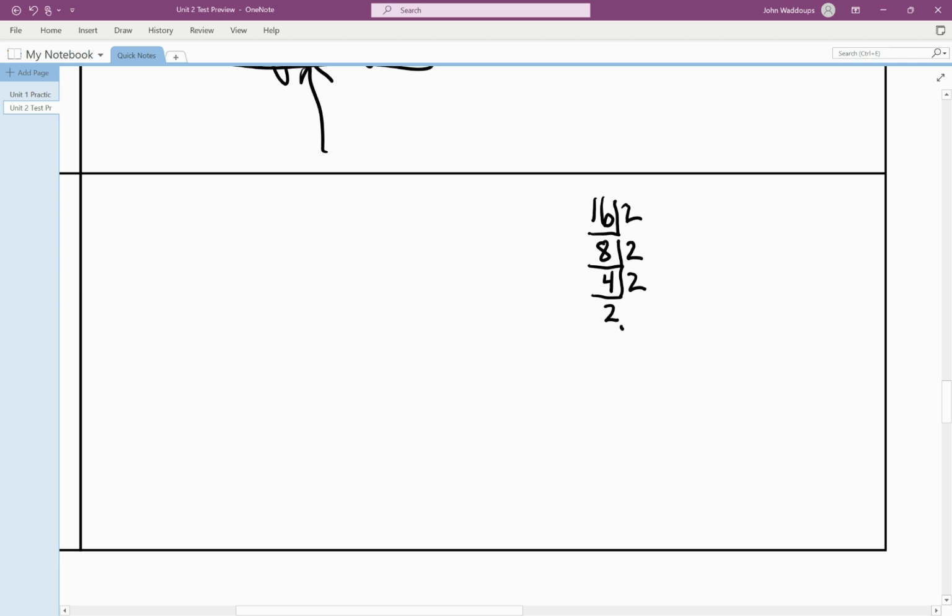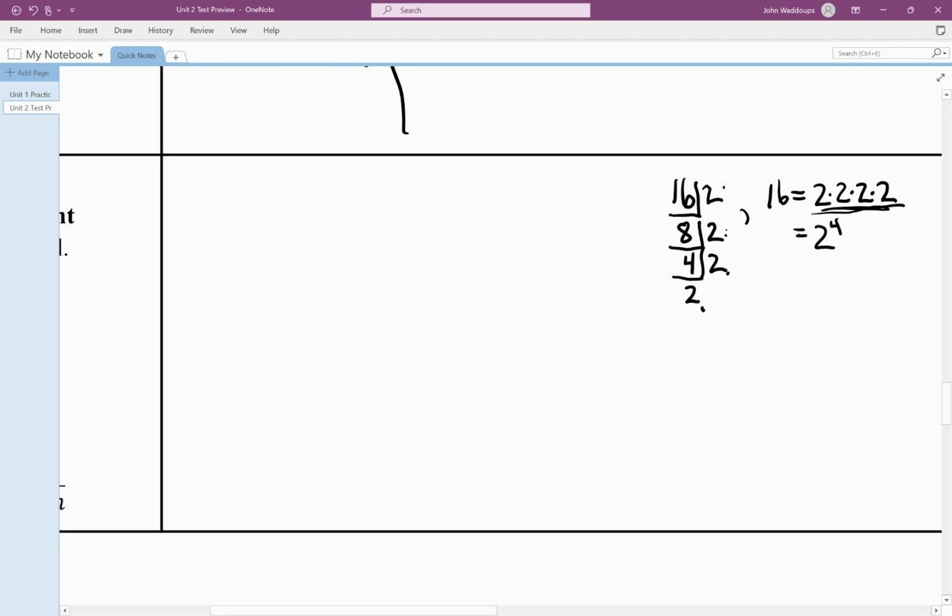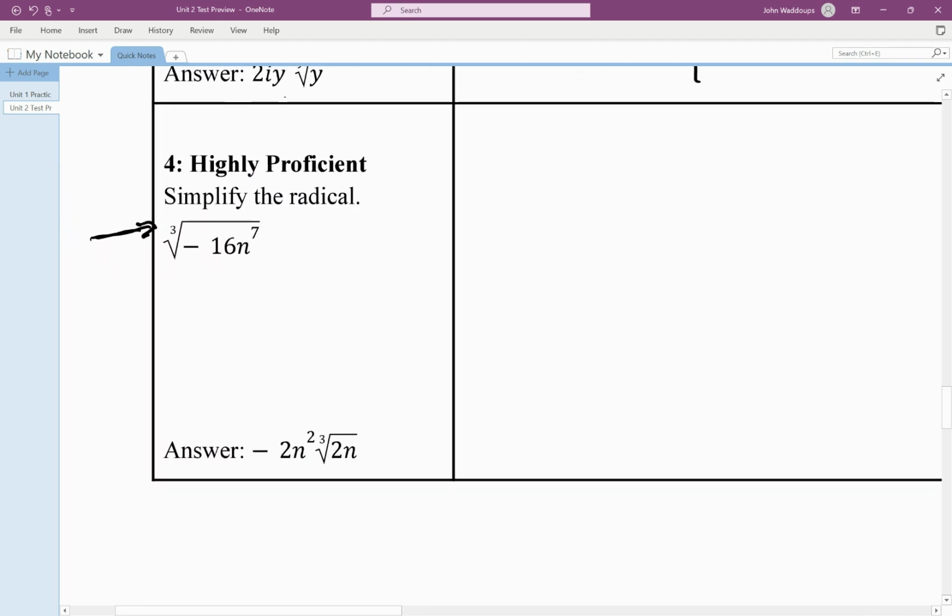So I have 1, 2, 3, 4 2s. 16 is equal to 2 times 2 times 2 times 2, that's 4 times, or you can say 2 to the 4th power. And we'll use this, they're the same. And then I'm going to have n to the 7th.